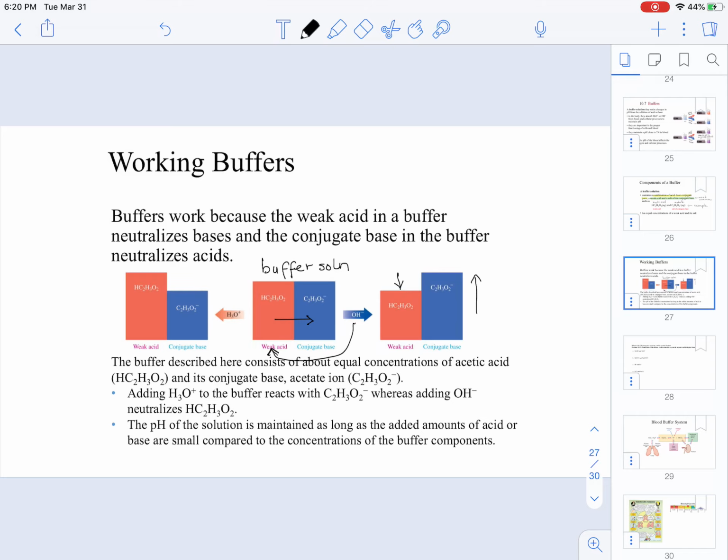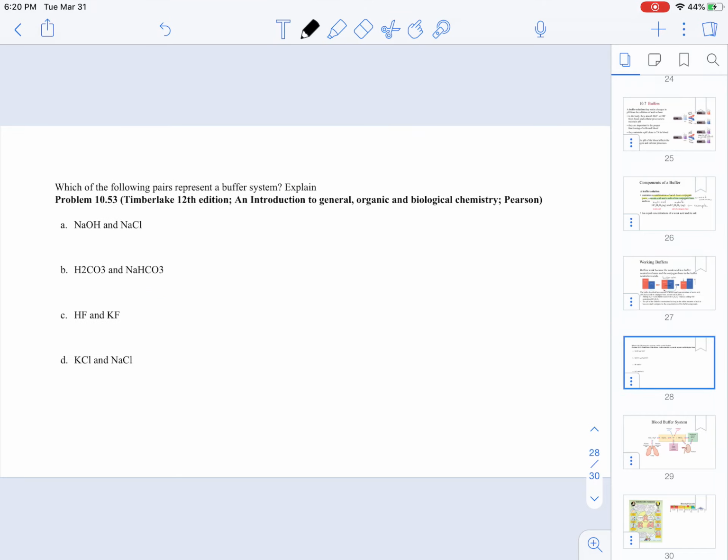Now, from the textbook, this is problem 10.53, and I want to go over, given a few pairs of molecules, whether they represent a buffer system or not. Remember that by definition, a buffer system is composed of a weak acid plus its conjugate base.